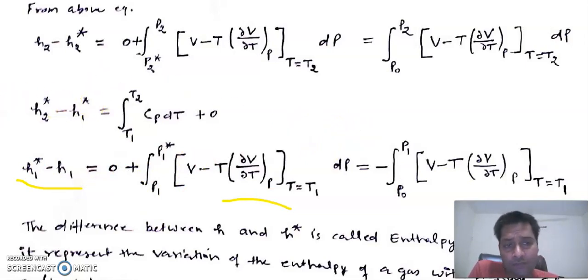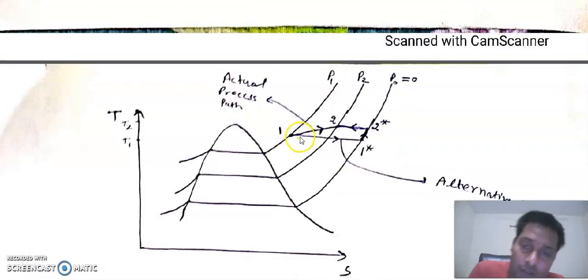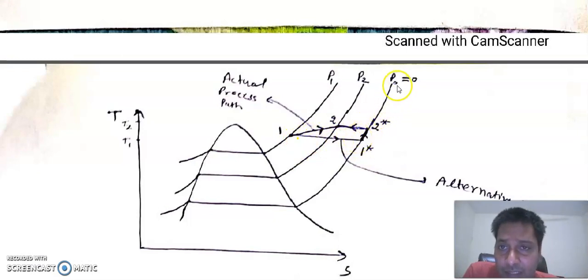Now in this case we also assume the system is following this pressure path P0, and this P0 is that path in which the pressure value is very less, or you can say the pressure is 0.